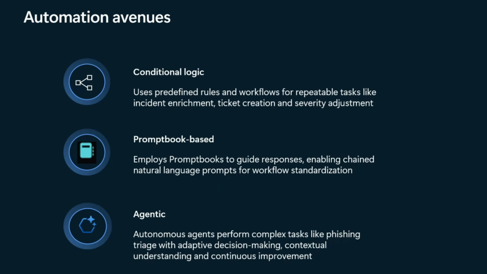And once that workflow is concrete, you can leverage that same prompt book workflow from within a logic app as well to improve your automation output. And lastly is agentic, and we'll be going into pretty good depth of how to build agents, how they function, and what's available for you to use. So just want to provide that clarity.